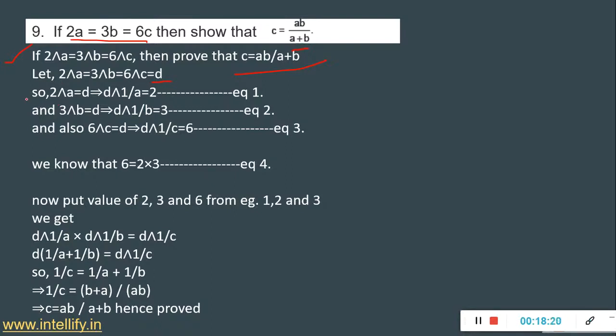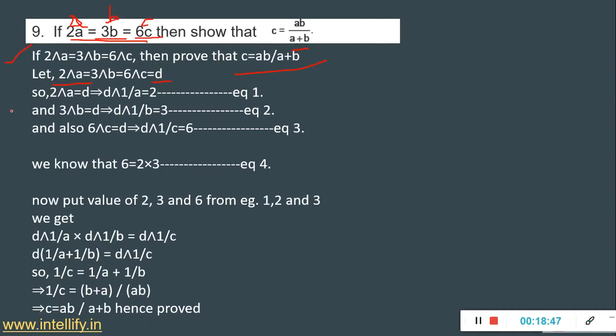So if we take it alone, 2 power a is equal to d, which will become, there is a correction in question. It is 2 power a is equal to 3 power b is equal to 6 power c. This value is in power. A, b and c, this coefficient is in power.